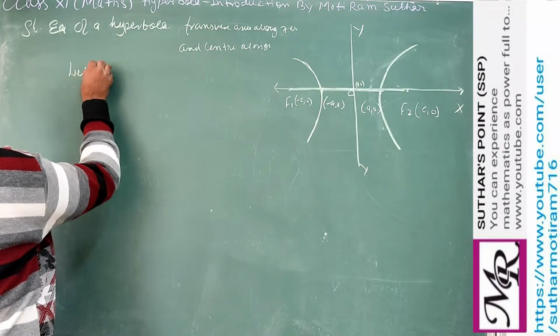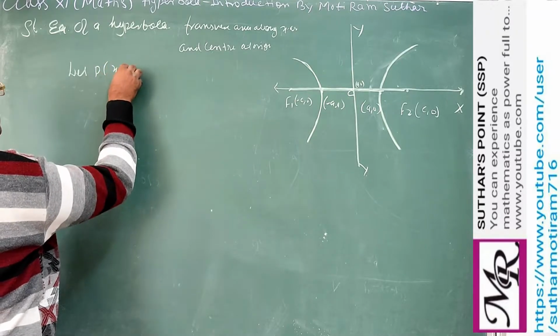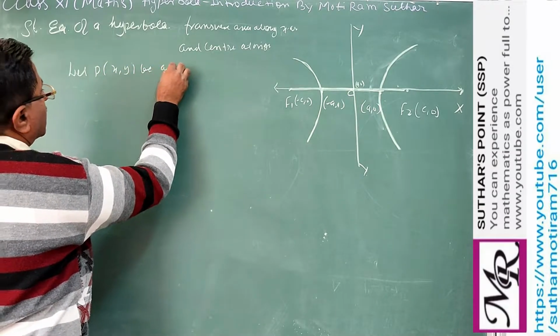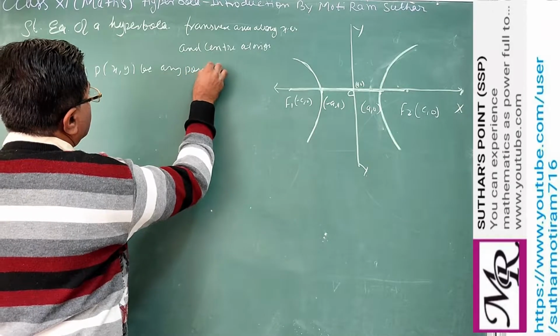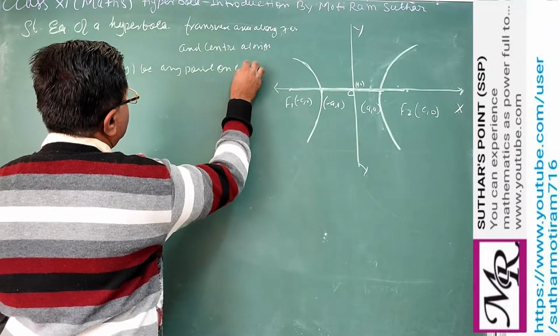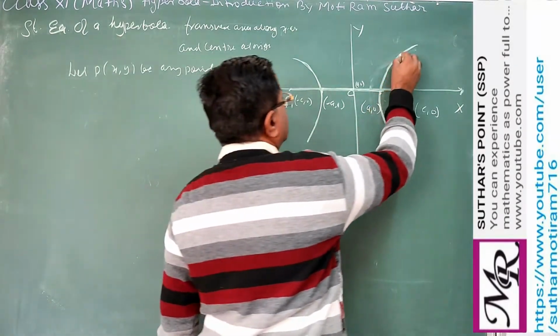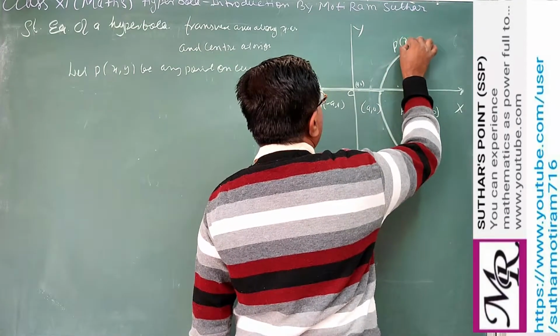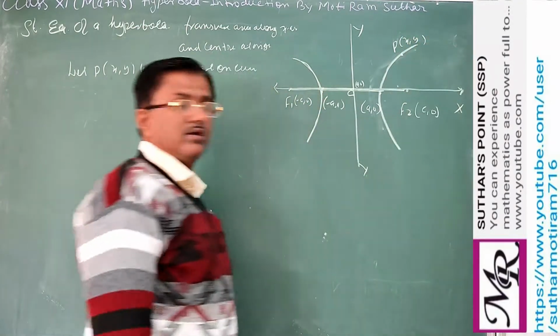For drawing an equation, we always take a general point, any point on the curve. Suppose this is P with the coordinates (x, y).